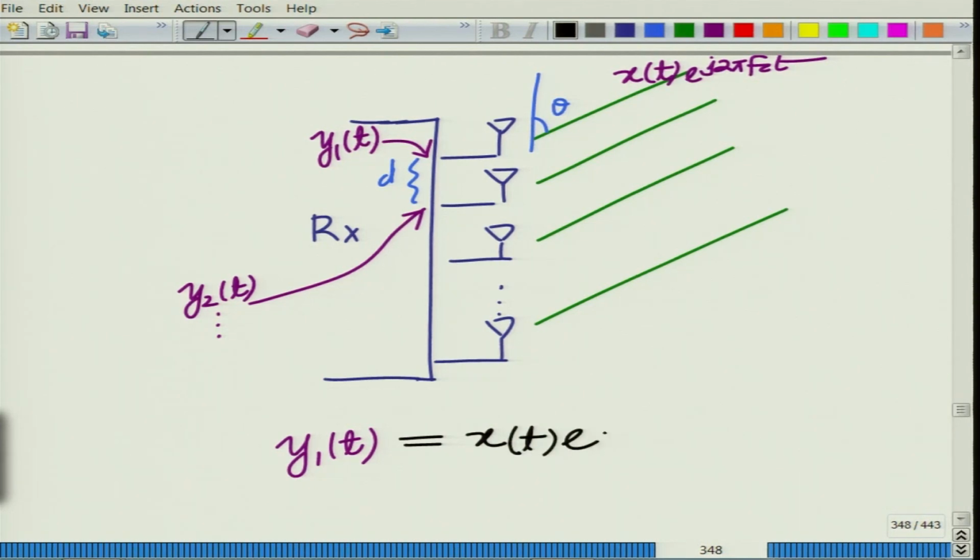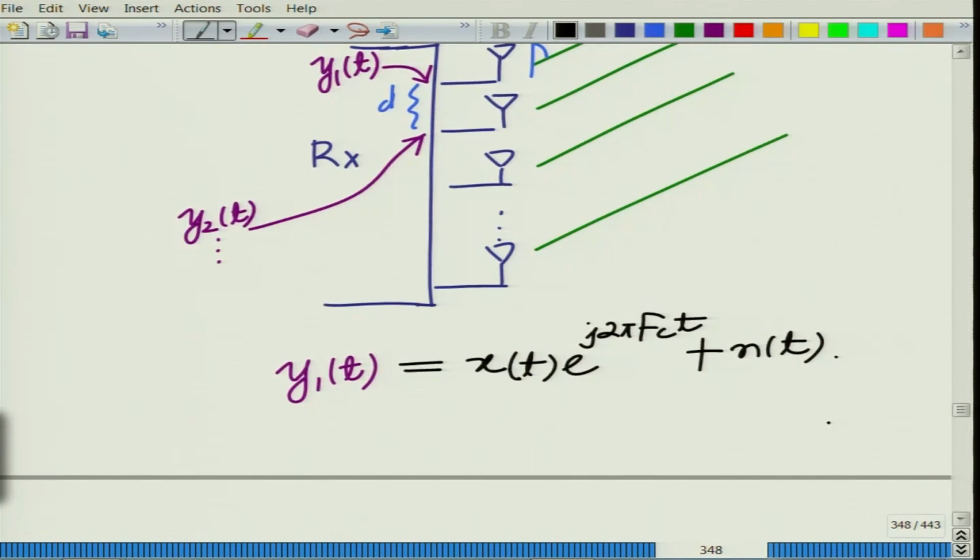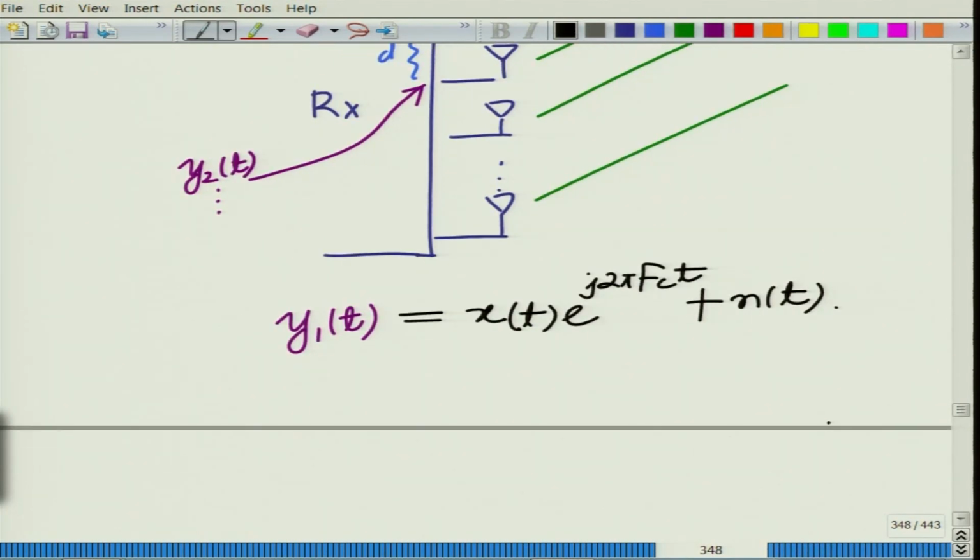I can therefore write y_1(t) equals x(t) times e raised to j 2 pi f_c t, plus the noise, that is n_1(t), the noise at the output of the first antenna.